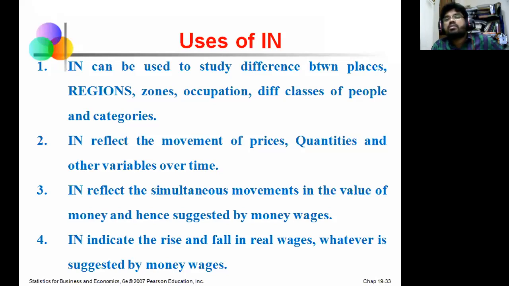We will estimate the index number categories-wise also. For example, as we have the social categories, that is social status, consider SC, ST, BC, OC, and MBC or EBC, right? In order to know how much changes or how much difference between these things, whether the place or regions or zones or occupation or different classes of people and categories.